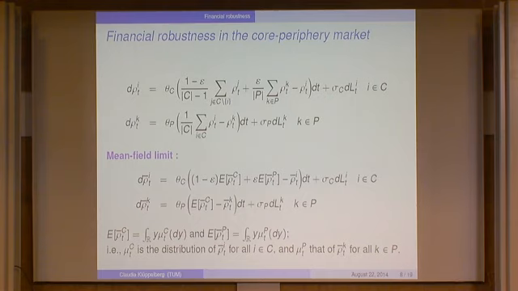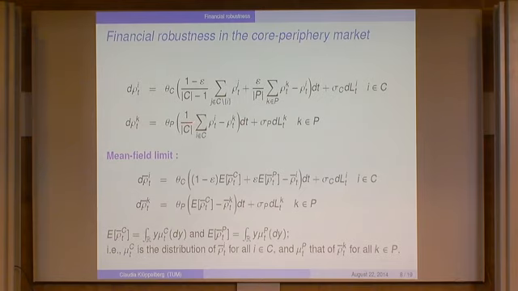So we have our core banks, and here the Wij are just given by 1 minus epsilon divided by the number of all the core banks with which a core bank interacts. And then for the periphery banks, we have just weights epsilon divided by the number of periphery banks, and these add up to 1, and that's it.